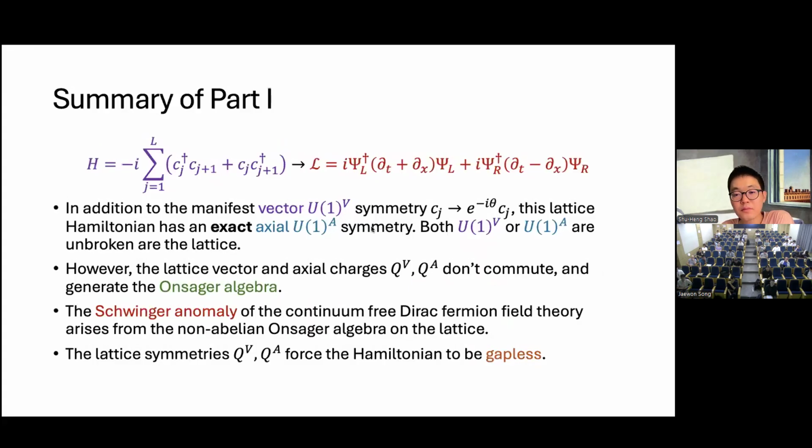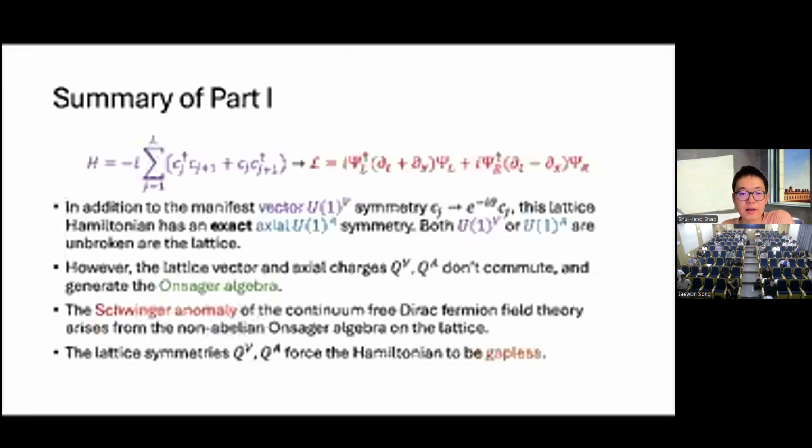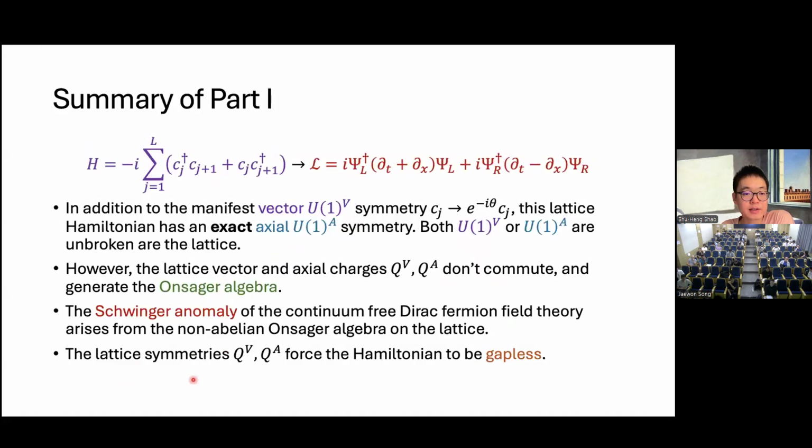Is there an anomaly on the lattice? Well, that depends on what you mean by the anomaly. What we showed is that the lattice symmetries QV and QA force the Hamiltonian to be gapless. You might also ask whether or not there's an anomaly in the following way. In the continuum, one way to detect the anomaly is that if you gauge the vector symmetry, then the axial symmetry is gone.